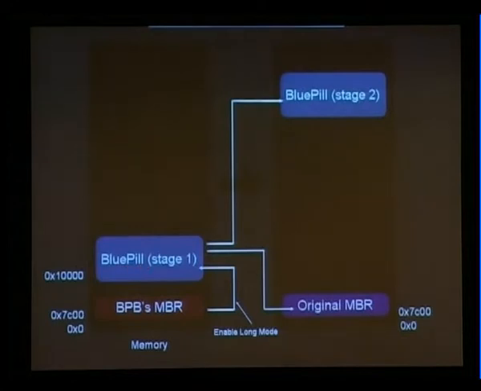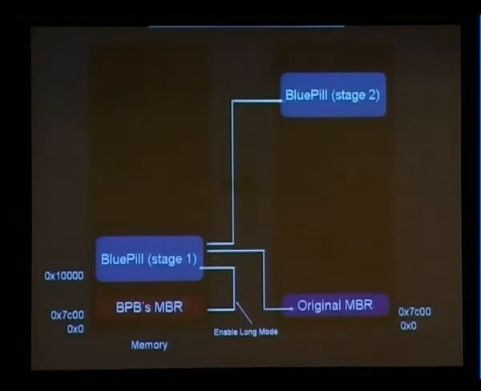So then Bluepill stage 1 receives execution, and it gets the map of the available memory using BIOS services, interrupt 15 and the function E820.